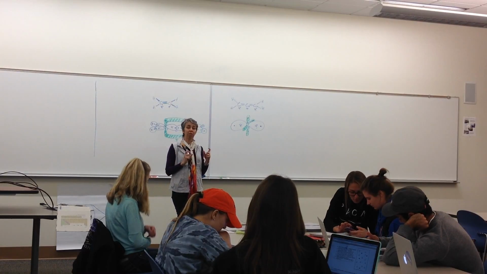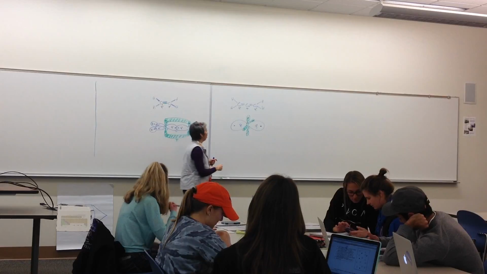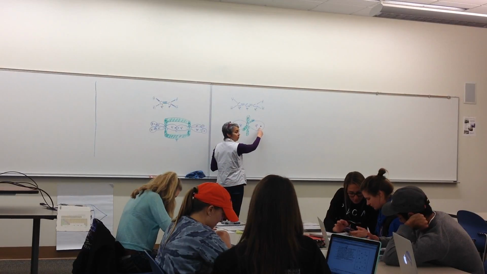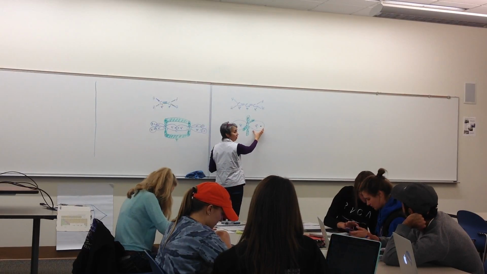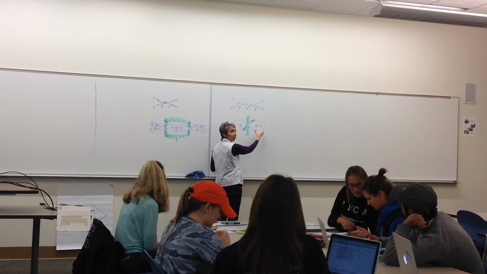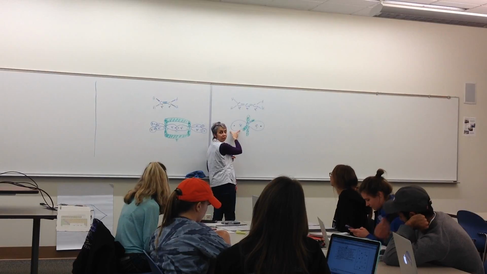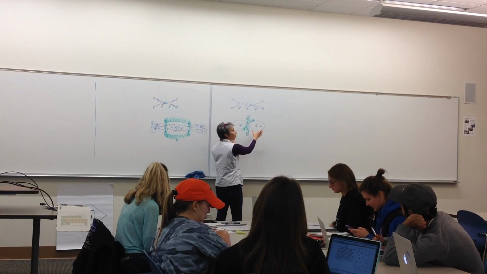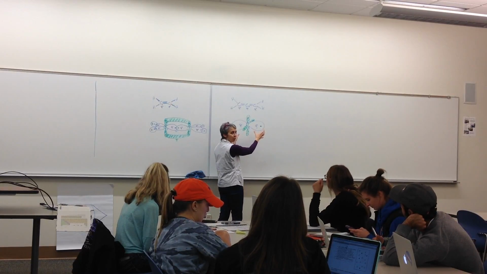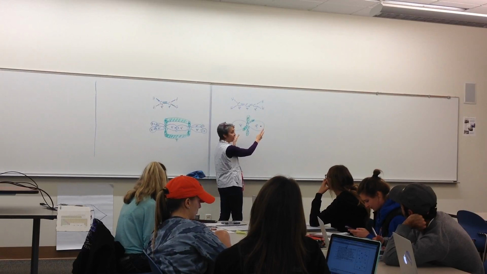One of the things that can be confusing is this is an orbital all by itself. It can potentially fit 2 electrons. This is an orbital all by itself. It can fit 2 electrons. So each one of these big lobes is an orbital, and each orbital can fit 2 electrons.